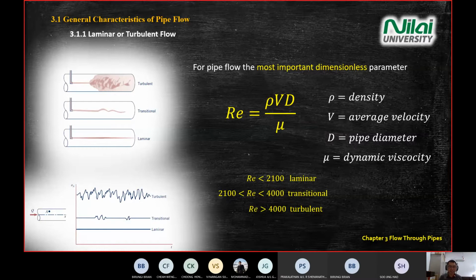I can say we do not ask you what happens in the transitional, unless we want to test your intelligence. We purposely give you a value or parameter that falls within 2100 and 4000, and then ask you what type of flow is inside the pipe, given certain parameters. So you judge based on the Reynolds number what type of flow you have.